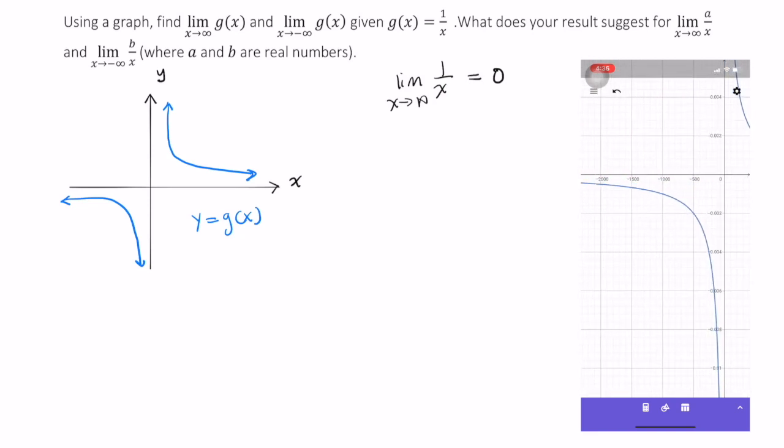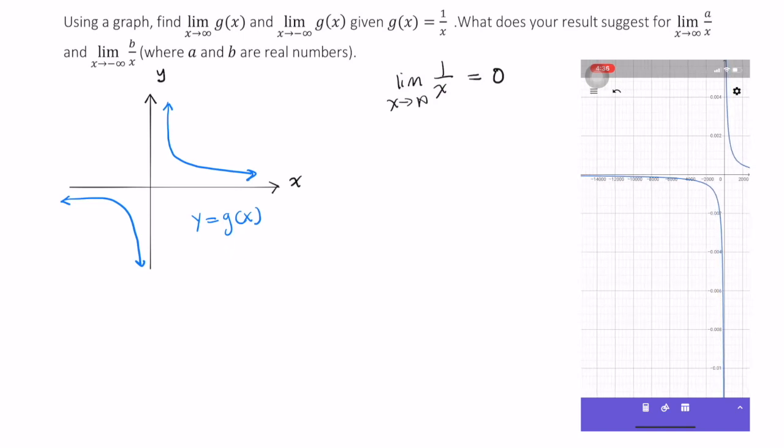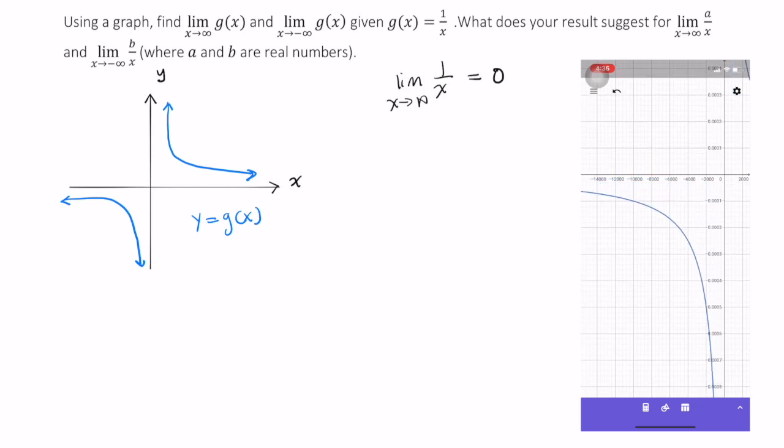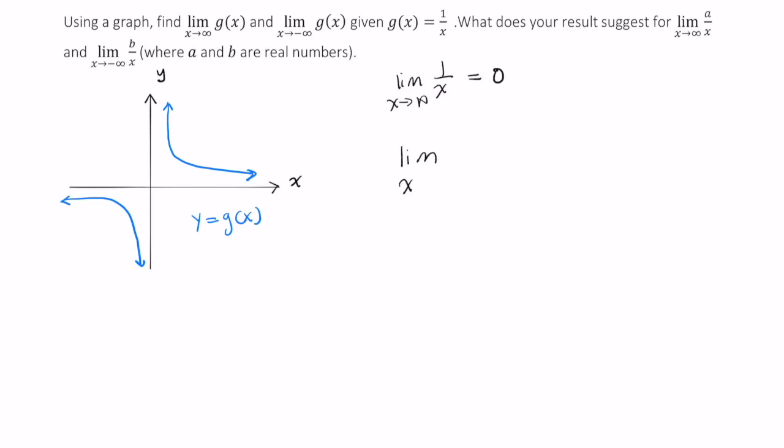And what we can see is the same thing is happening. Our values of x are getting more and more negative. But this blue graph still does not touch the x-axis. It remains right below. This tells me that the limit as x approaches negative infinity of 1 over x is also equal to 0.